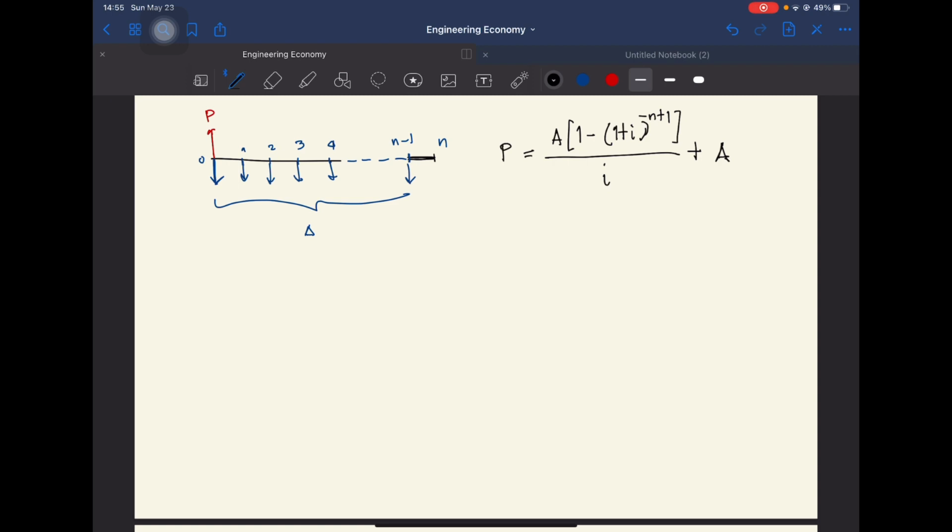Let's say, we have this P, then, di ba, annuity due? Let's say for 5 years na lang ulit. 0, 1, 2, 3, 4, and then 5.